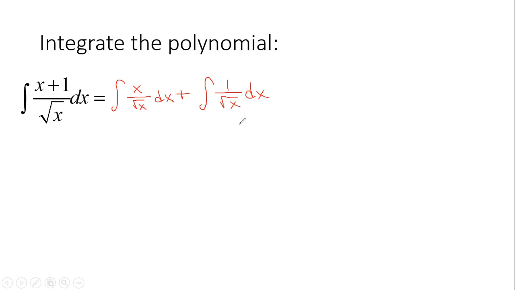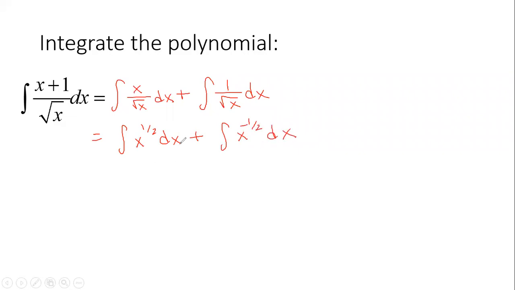From here, I'm going to simplify it so I don't have any fractions. I'm going to have the integral of x to the 1/2 dx plus the integral of x to the negative 1/2 dx.